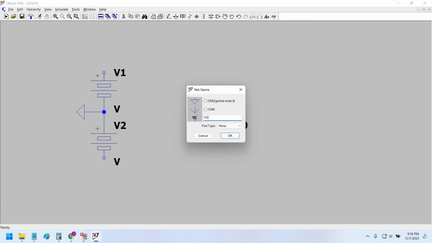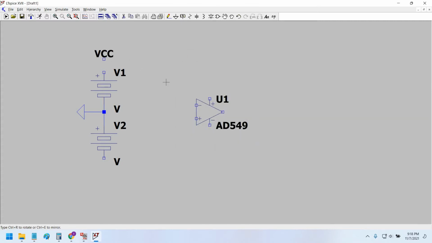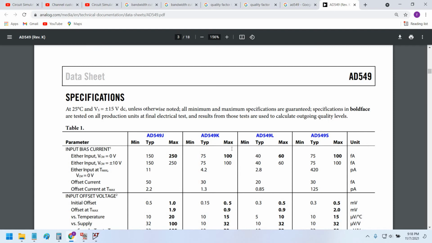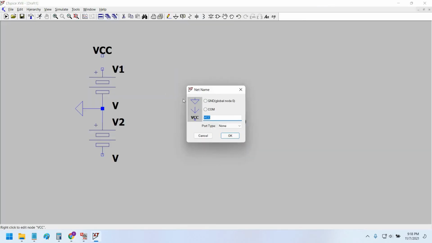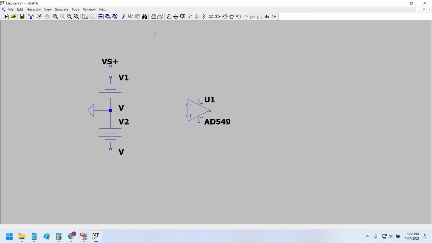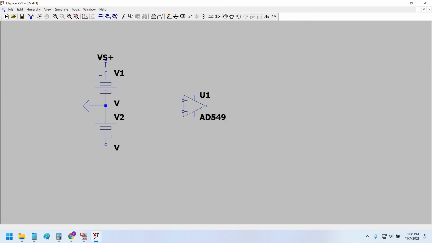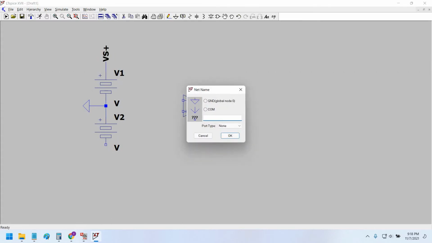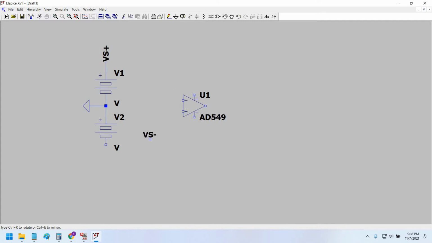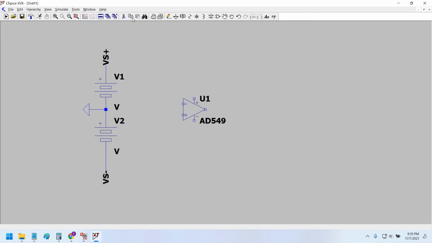Place net VCC. Or we can say VS plus, VS minus. Okay, now copy this VS plus supply node, negative supply node, negative.